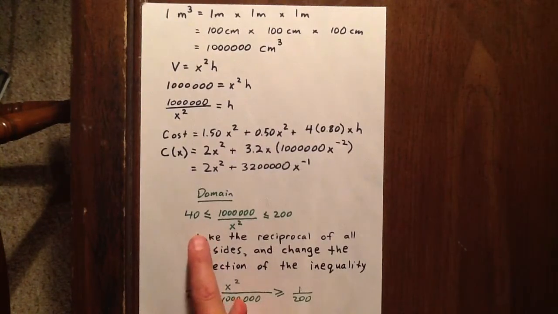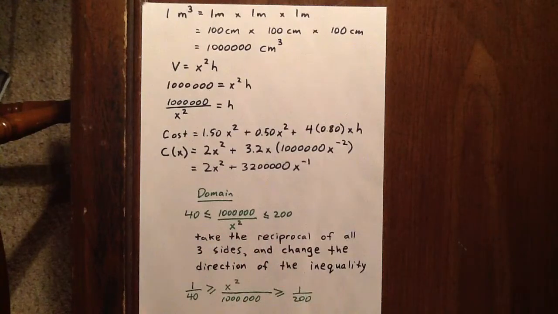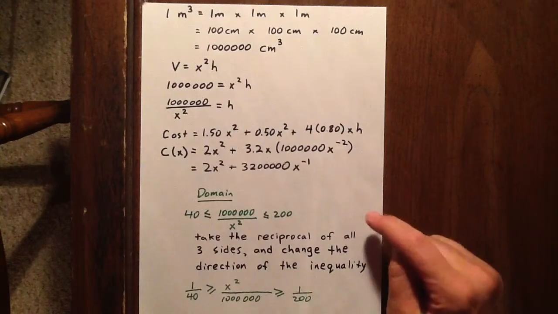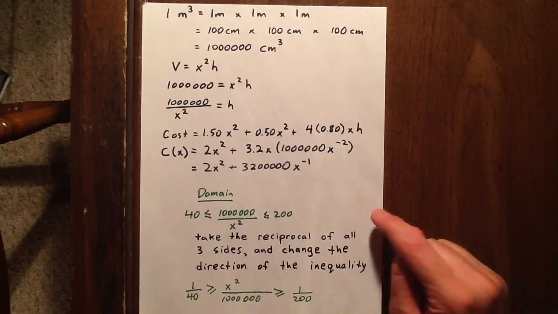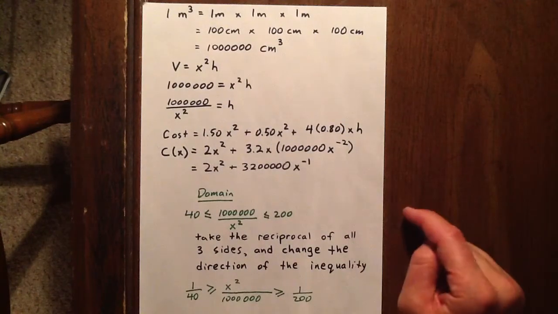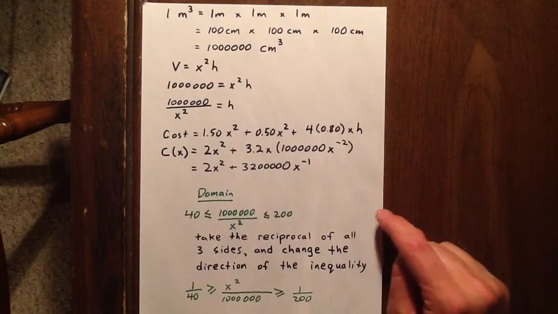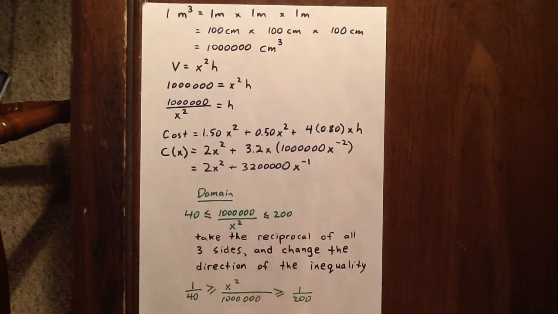Now, we have this inequality, and we'd like to isolate the x. What we're going to do is take the reciprocal of all three sides. When we do that, we're going to change the direction of the inequalities, because the bigger a number is, the smaller its reciprocal is. If you think about it, we would write 3 is less than 5, but if we took the reciprocal, we would say 1/3 is greater than 1/5. The same principle is at play here.